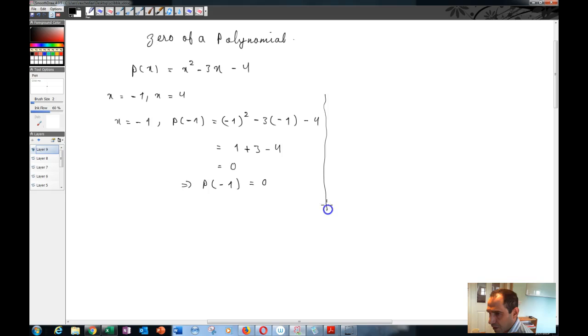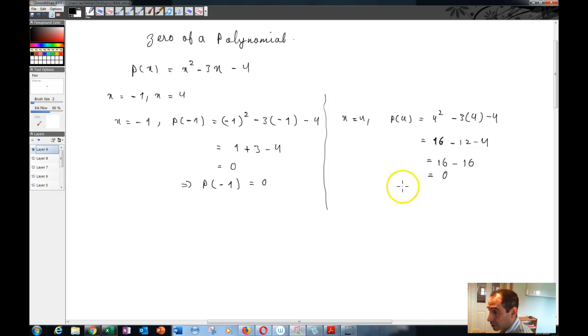On the other hand, when x is equal to 4, p of 4 is equal to 4 raised to the power 2 minus 3 times 4 minus 4, which is equal to 16 minus 12 minus 4, which is equal to 16 minus 16, which is equal to 0.